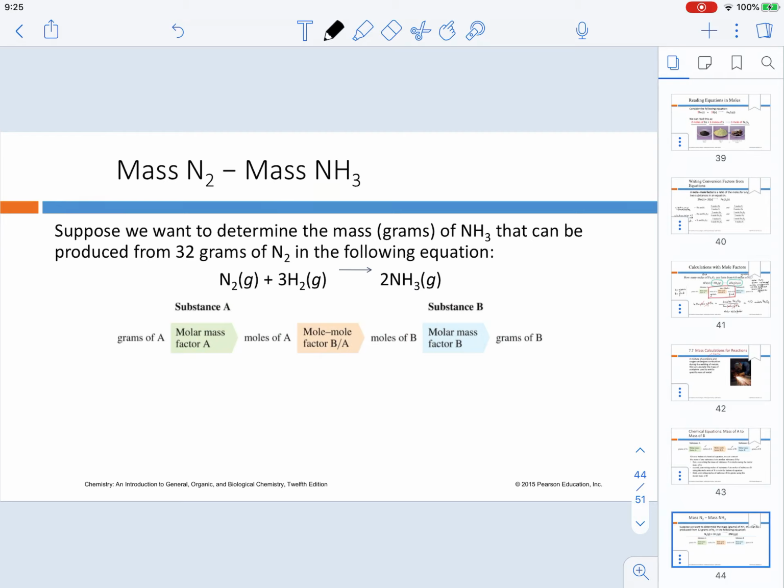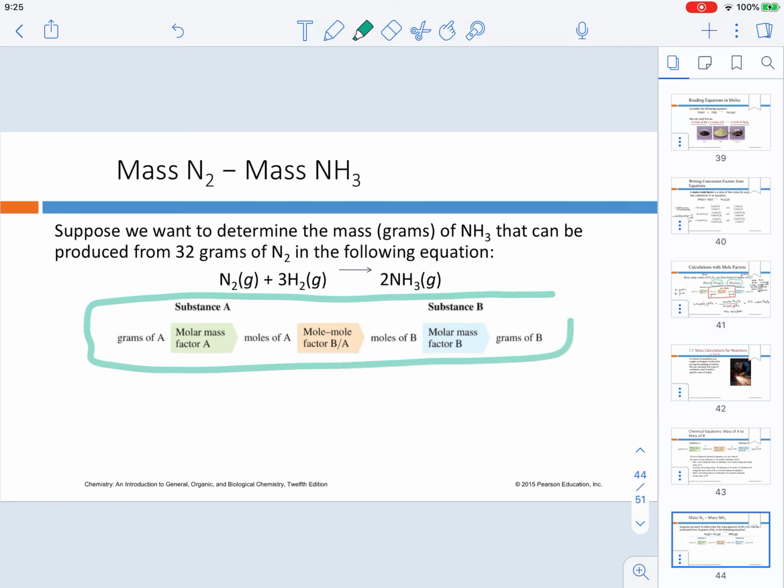So let's do an example of a mass to mass conversion. As you can see here, suppose that we want to determine the mass in grams of ammonia that can be produced from 32 grams of N2 in the following chemical reaction. For this problem, again, we are converting from one substance to the other, so we're doing the whole sequence.